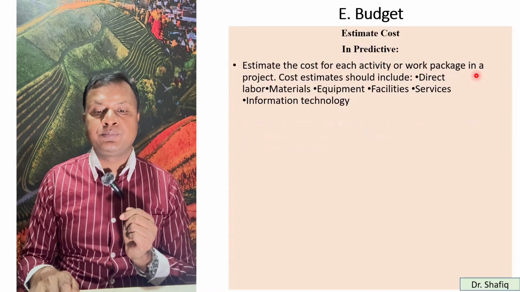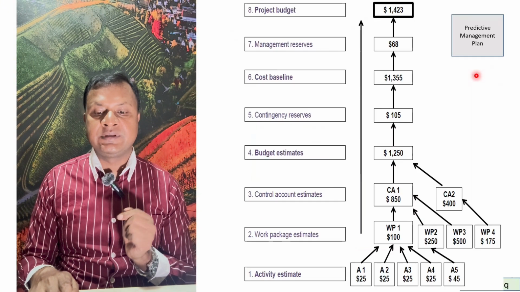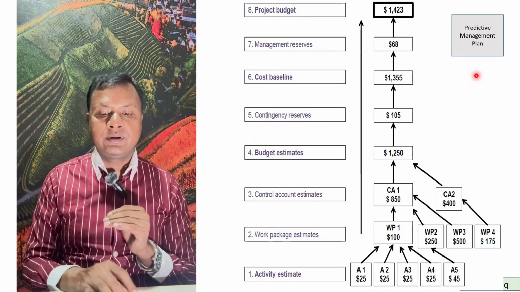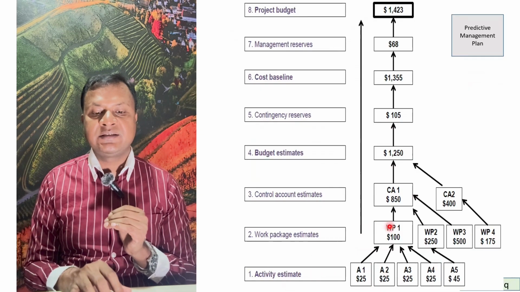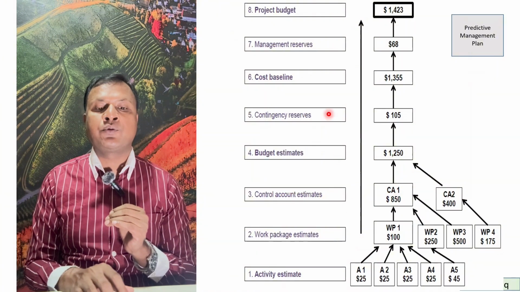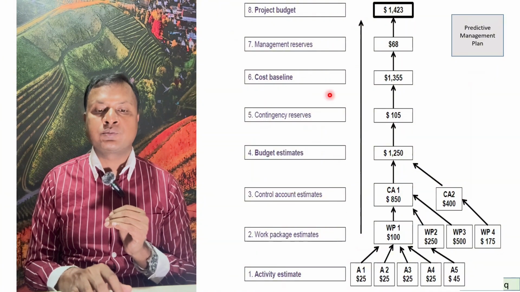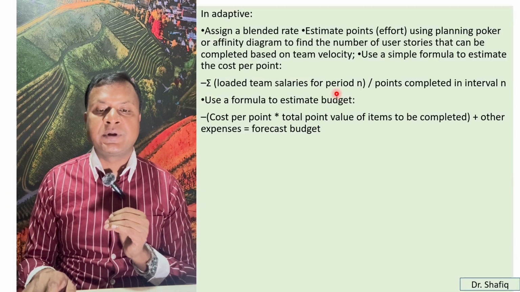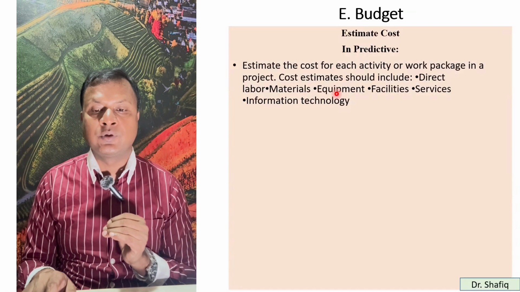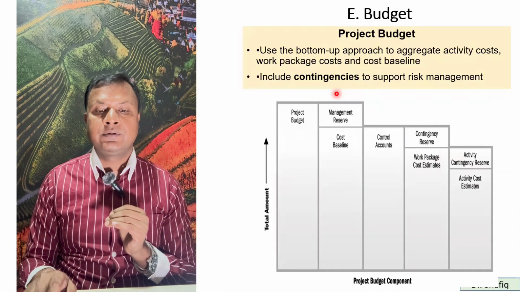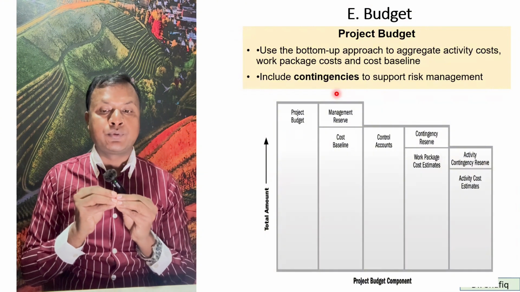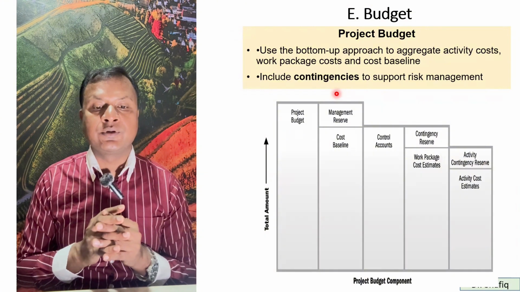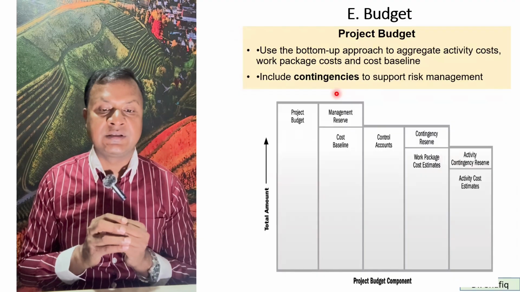We have shown you this in a previous slide. From the bottom part, we are estimating for activity, then work package, then control account, then we have the contingency. Finally, we get the cost baseline. This is explained in this slide, project budget. So use the bottom-up approach to aggregate activity cost, work package cost, and cost baseline.